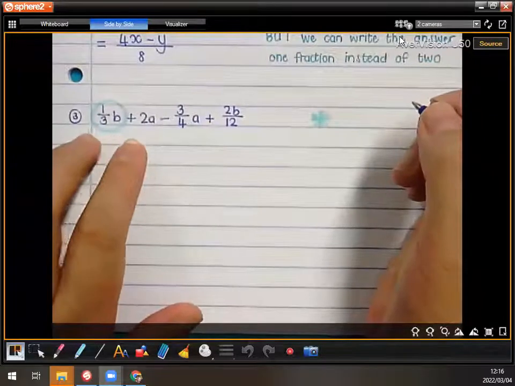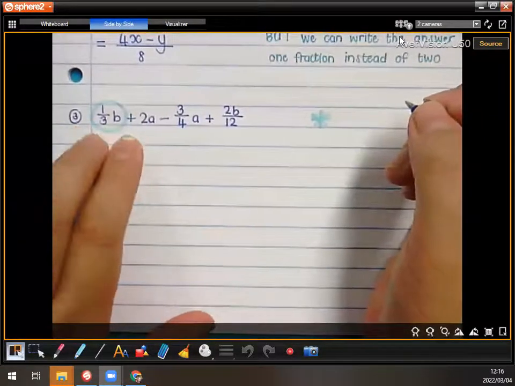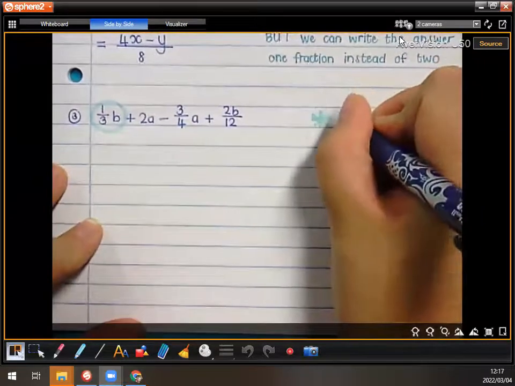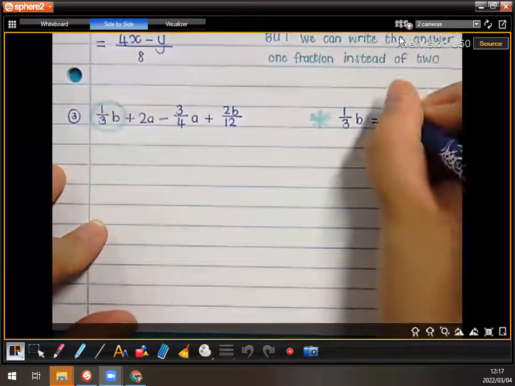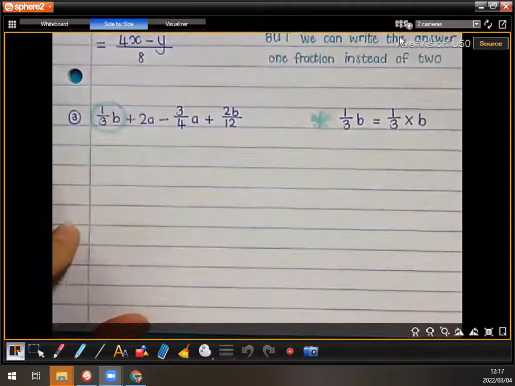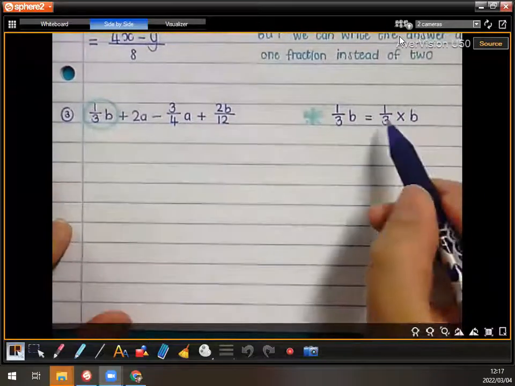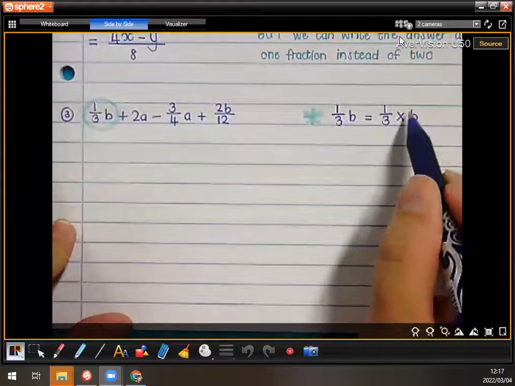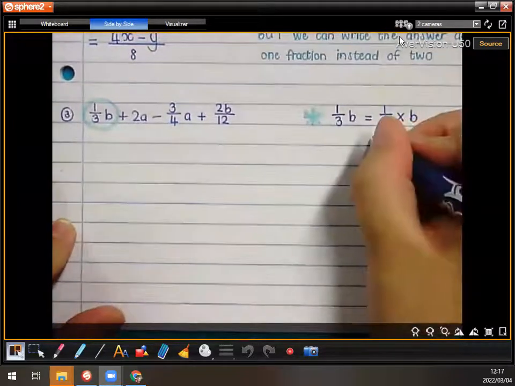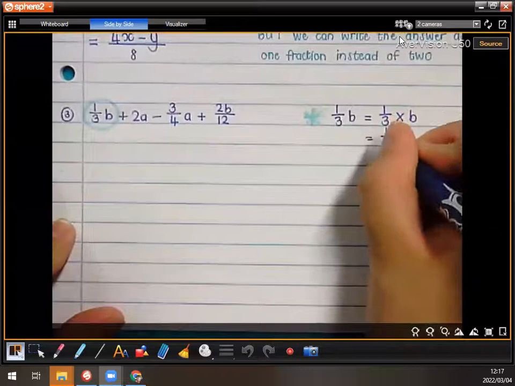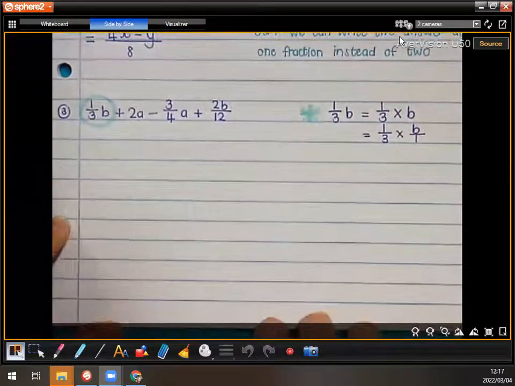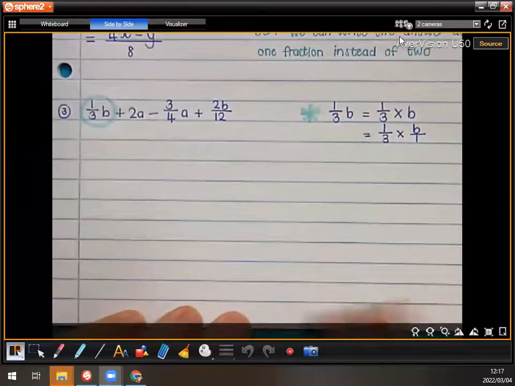Now guys, 1/3 and a b, that actually means a third times b. Okay, so 1/3 b actually means 1/3 times b. Now guys, do we like multiplying things together when it's a fraction and a whole thing? We want to do a fraction and a fraction, right? So b I'm going to write as b over 1 instead, because then I can apply my fraction multiplication rules.